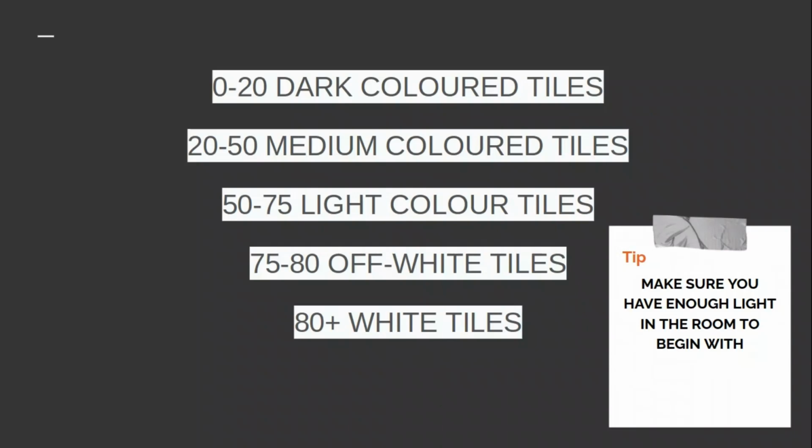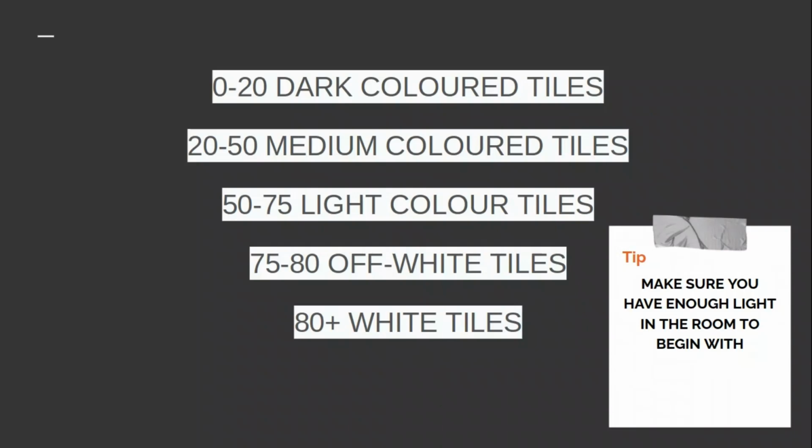Medium colored tiles are a little bit lighter, but we're still in the darks: the browns or the beiges, colors where it's not completely black, but getting into the slates and stuff like that. So 20 to 50 usually. And then the light colored tiles are going to be like 50 to 75.